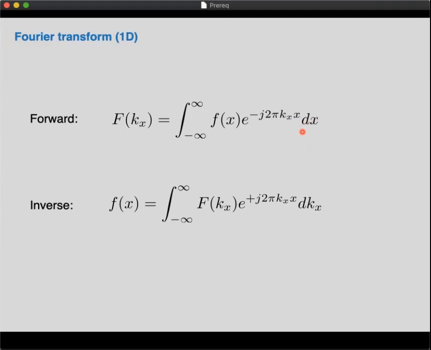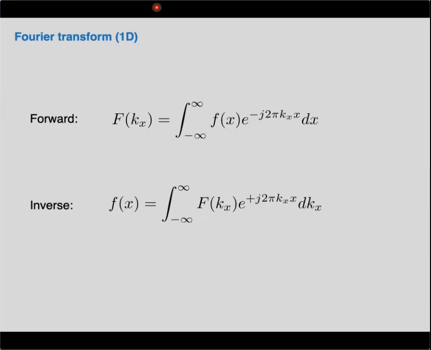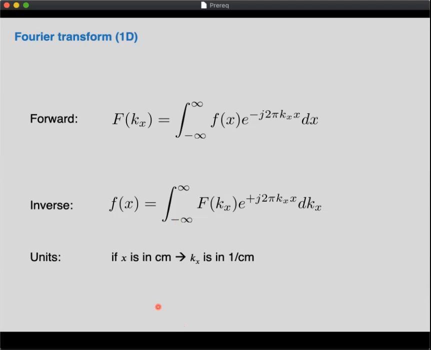And if x is centimeters, then what would be kx? Inverse centimeters, absolutely. Isn't that pretty simple? So if x is in centimeters, kx is in 1 over centimeters. And I like to think in those types of units. Centimeters and 1 over centimeters are great units to think of.